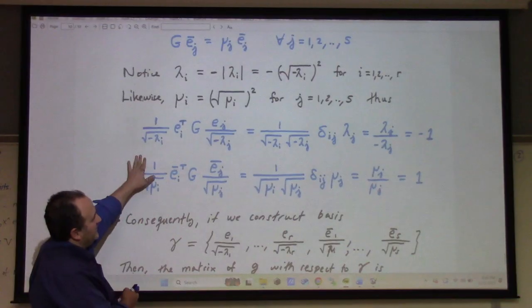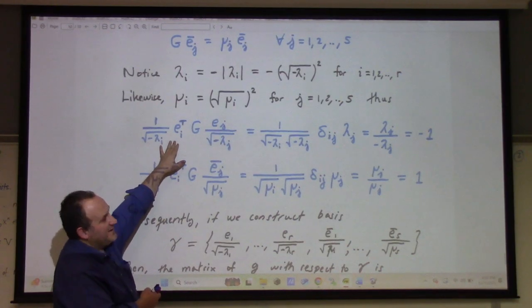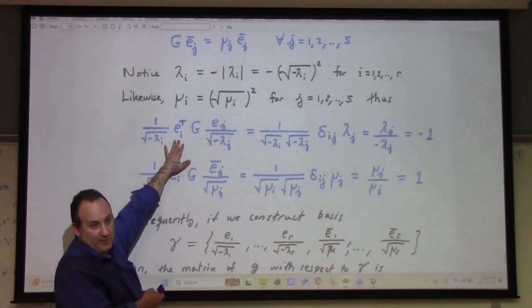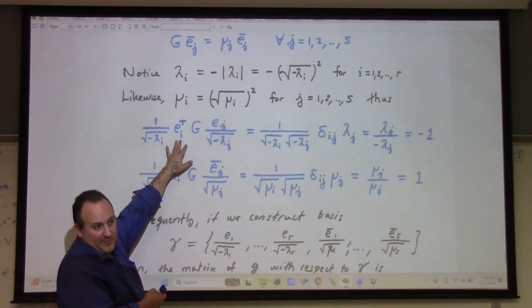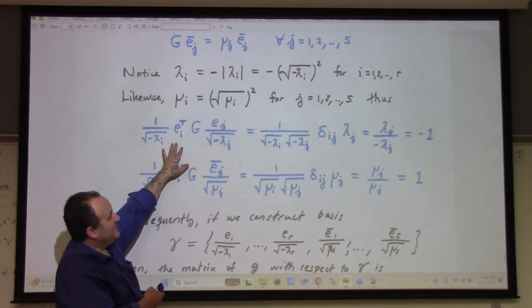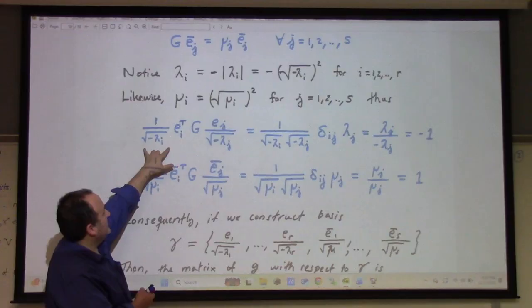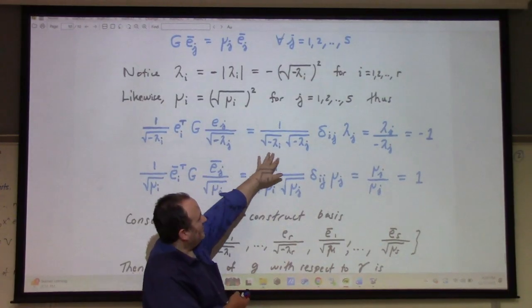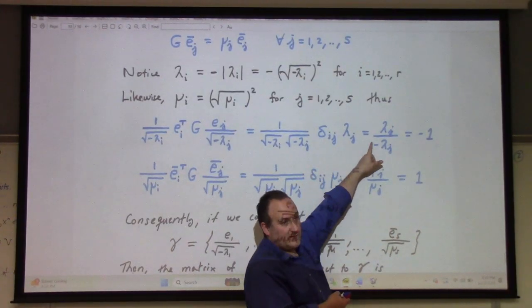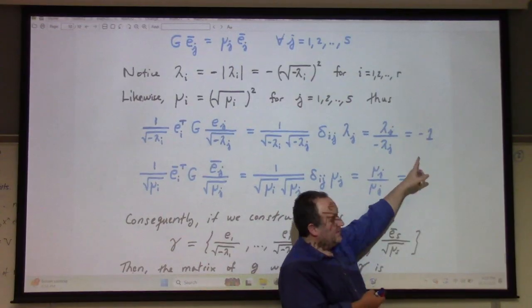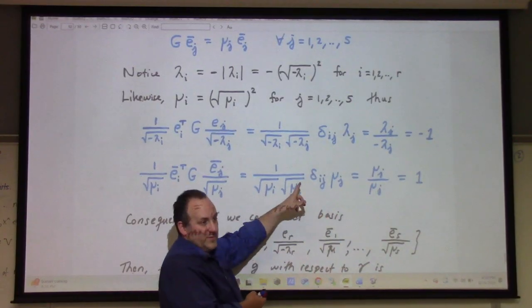So if I look at these expressions, the idea here is if I take the basis and divide by the square root of the absolute value of the eigenvalue, something really cool happens. Because this times that, we get a lambda over lambda, which is just minus 1, or down here we get 1.